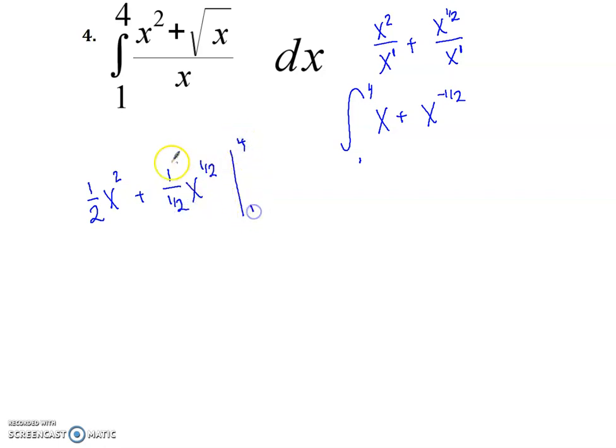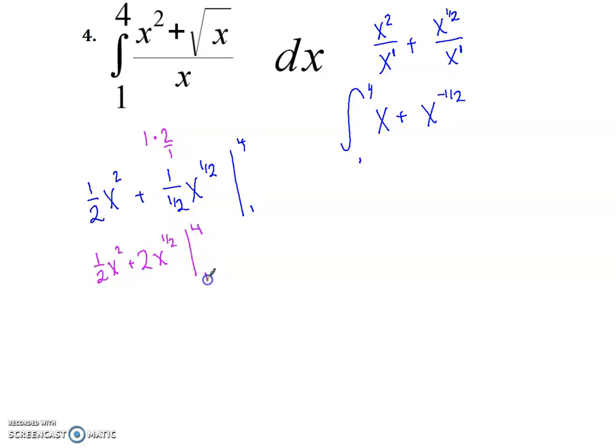I'm going to simplify this fraction in a fraction. You leave the top the same, and then you flip the denominator and multiply. So 1 times 2 over 1 is just going to be 2. So this simplifies to 1/2 x squared plus 2x to the 1/2.